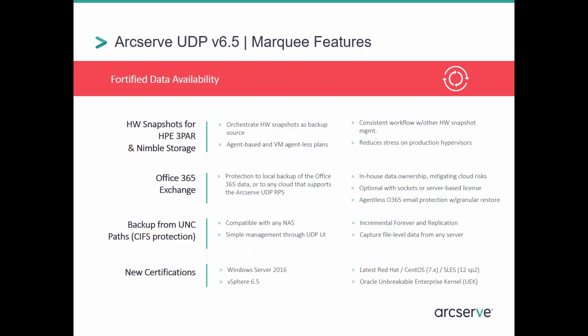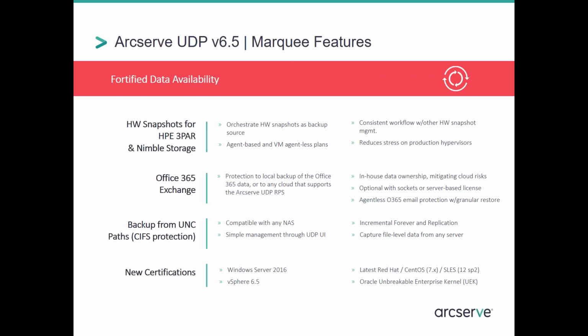We've also introduced backup of UNC paths, CIFS protection. So with UDP 6 and UDP 5 before that, if a customer had data held on a NAS, a network attached storage device, we couldn't really protect it with UDP because it was a share, and UDP was only designed to protect physical and virtual workloads.